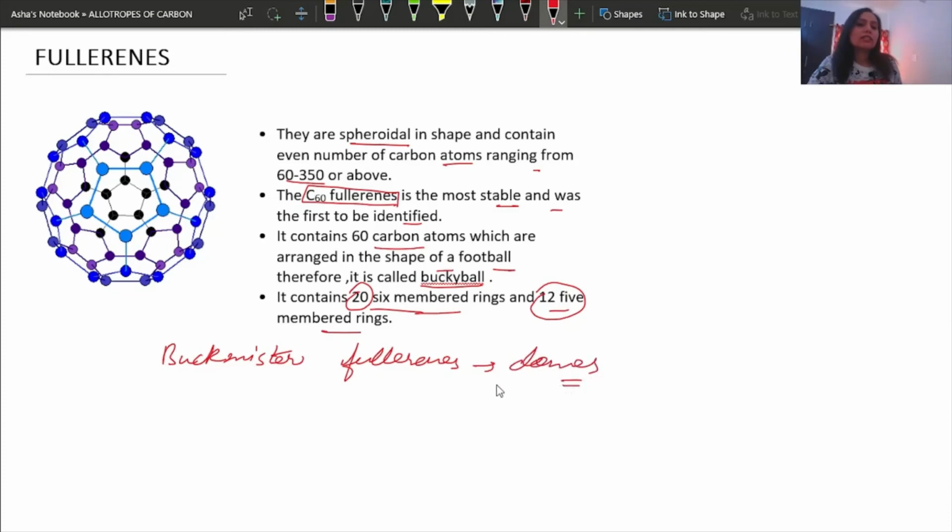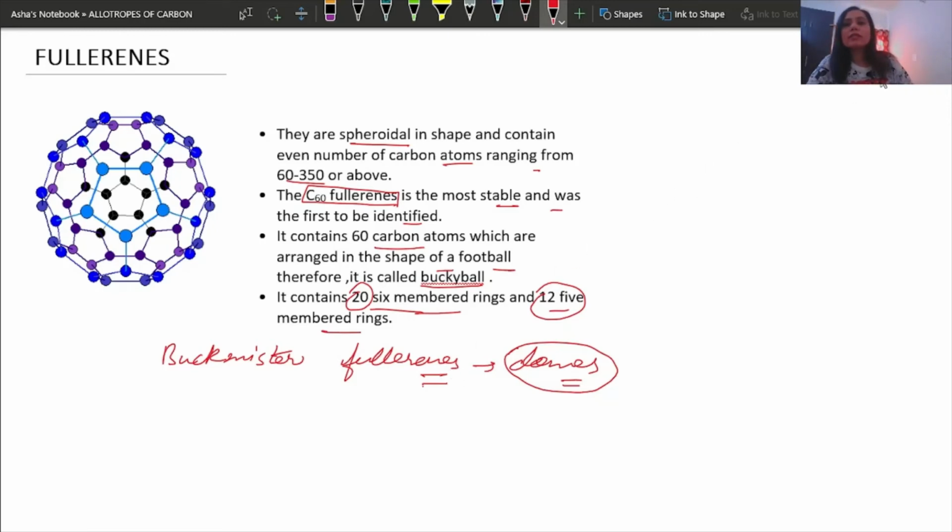They are also called geodesic domes, and the structure of these domes was found to be very close to the fullerenes. So that is why the name fullerenes was given, or at some places they are also called Buckminster fullerenes. Okay, so with this we have finished the allotropes of carbon.